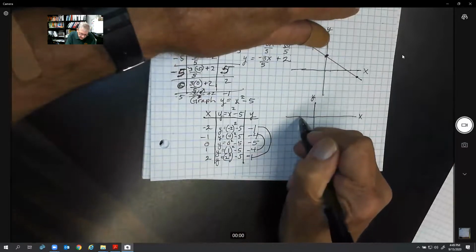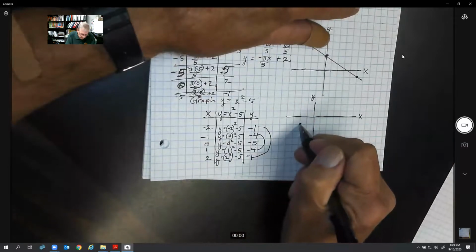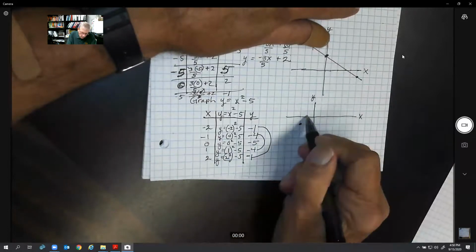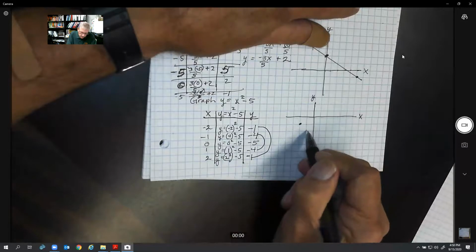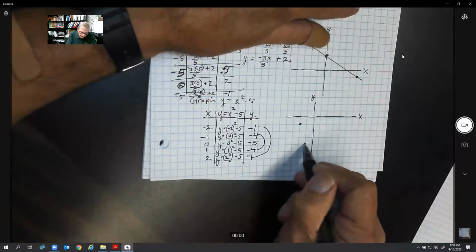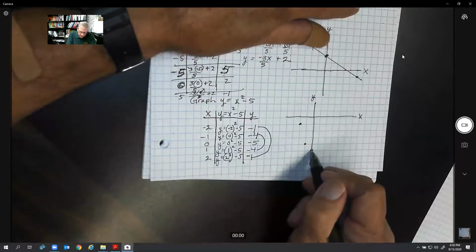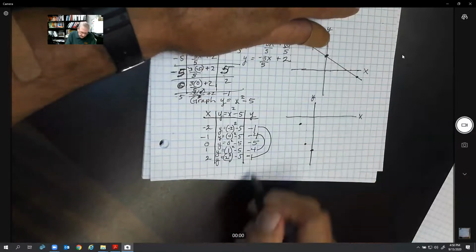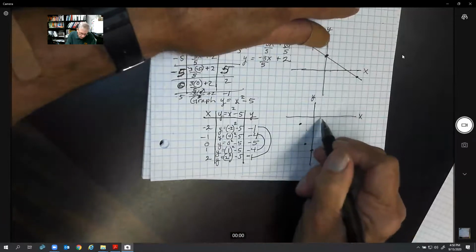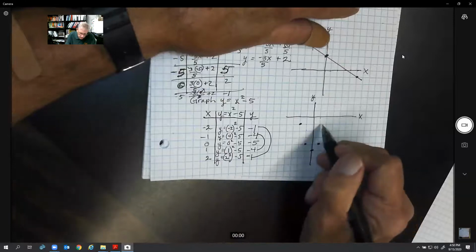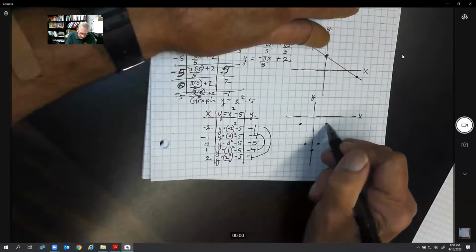When x is -1, y is -4. When x is 0, y is -5. When x is 1, y is -4. And when x is 2, y is -1.